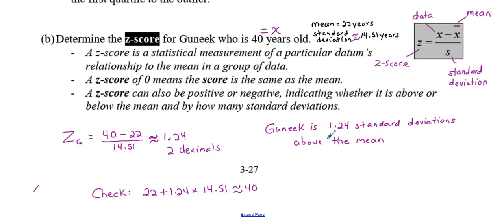A z-score is a statistical measurement of a particular datum, that's a piece of data, its relationship to the mean in a group of data, and the units are standard deviations. A z-score of 0 means the score is the same as the mean. A z-score can be positive or negative, indicating whether it's above or below the mean and by how many standard deviations. Because it's positive, she's 1.24 standard deviations above the mean. For some people, the purpose of doing this is that there are different ways of figuring out whether something is an outlier.